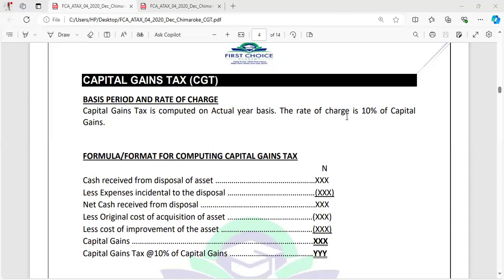So you bring the cost of the assets, then there is the cost of improving the assets. It means that if you buy an asset, you may need to make an improvement on it. Let's say you bought land and the land was swampy. You now have to put some sand to sand fill it.